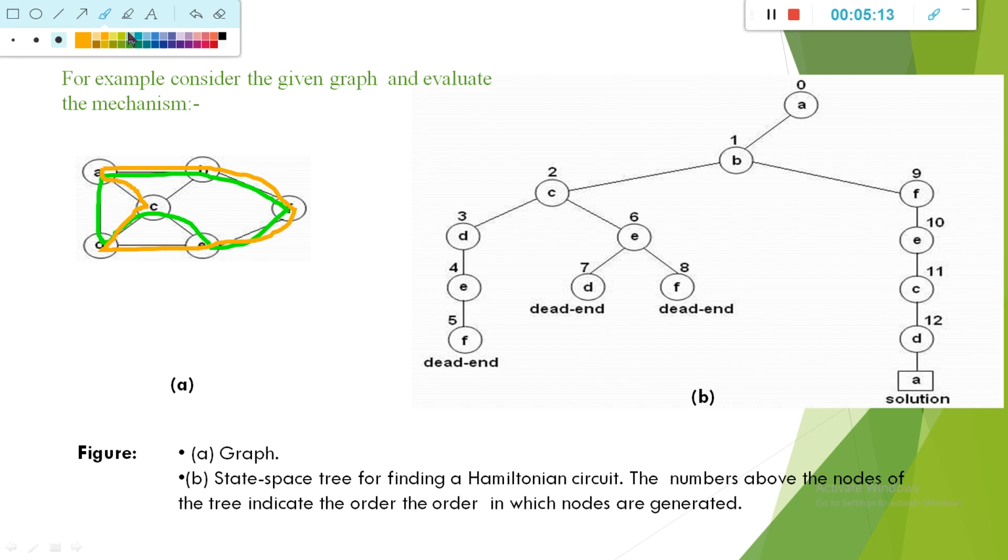Or else you can go another way: A to D, D to C, C to E, F, B, A. So these are some of the possible cycles we can find in this graph.